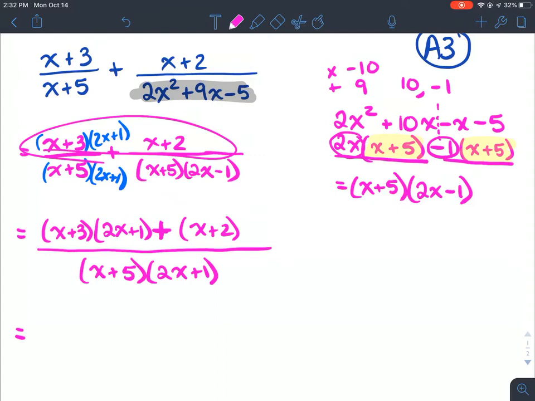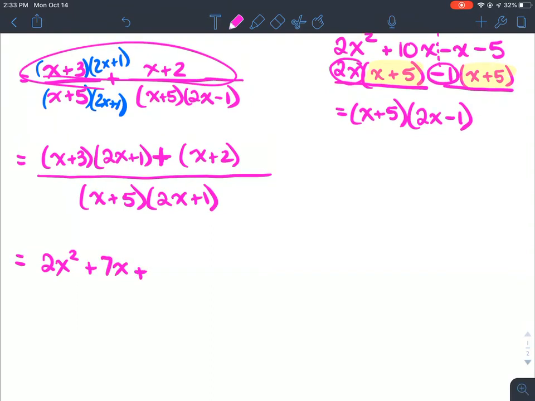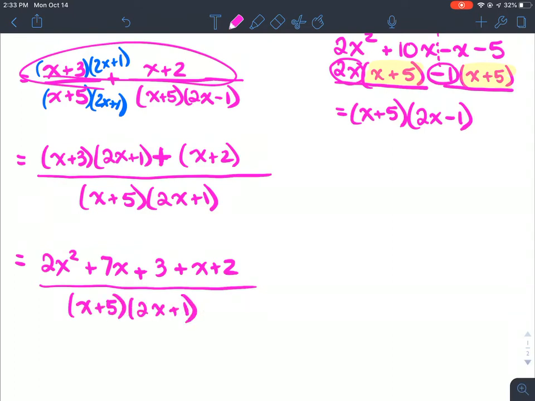Okay, so I'm going to expand that bracket, and I'm going to just do it in one step. So 2x times x is 2x squared. Then x times 1 is 1x. 3 times 2x is 6x. So that's 7x in the middle. And then 3 times 1 is 3. And then plus x plus 2 over x plus 5 times 2x plus 1.